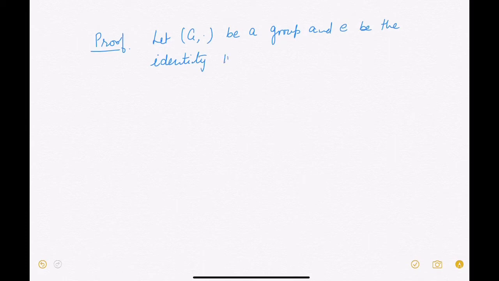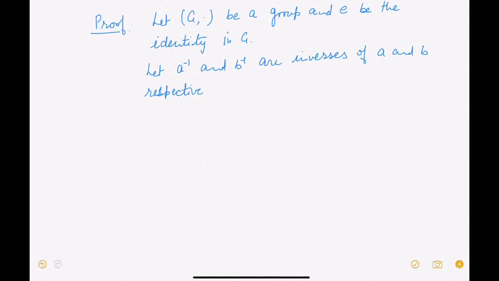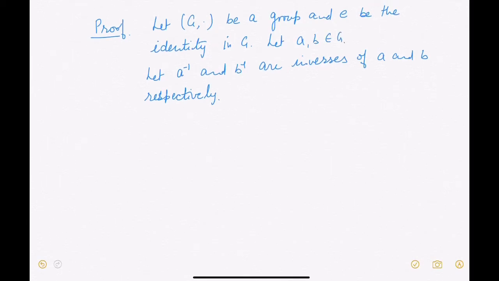Let us prove the theorem. Proof. Let G be a group and E be the identity in G. Let A, B belong to G, and A inverse and B inverse be the inverses of A and B respectively.